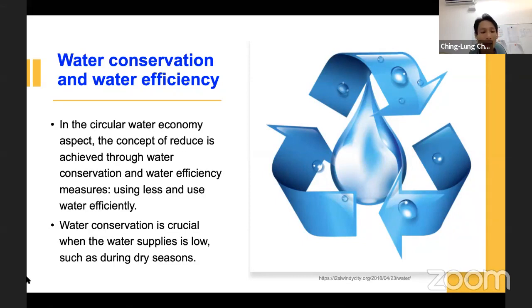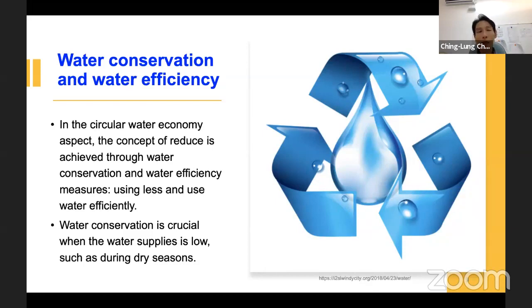The second is water conservation. Water conservation is very important when the water supply is low, such as during a dry season. In Taiwan, we don't have a dry season, because Taiwan is very humid.